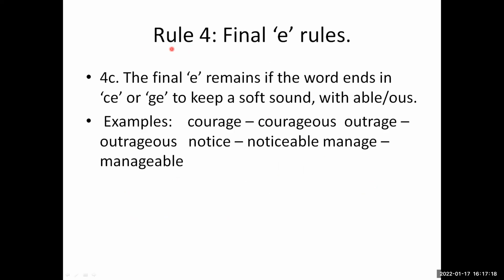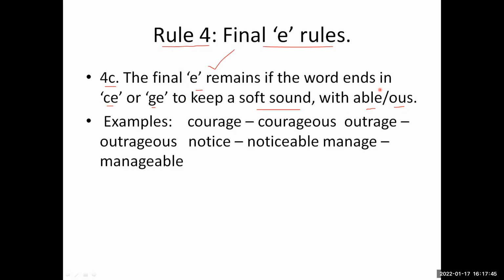Fine. Again, next slide, rule number 4 is there, which is the final E rule, but this time it is for C and G. The final E remains if the word ends in CE or GE, to keep a soft sound with the suffix able or OUS.